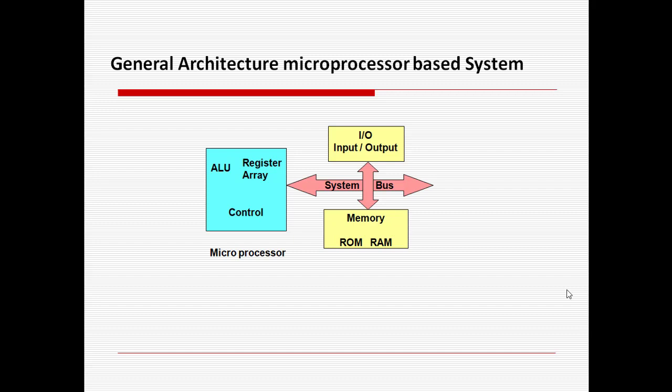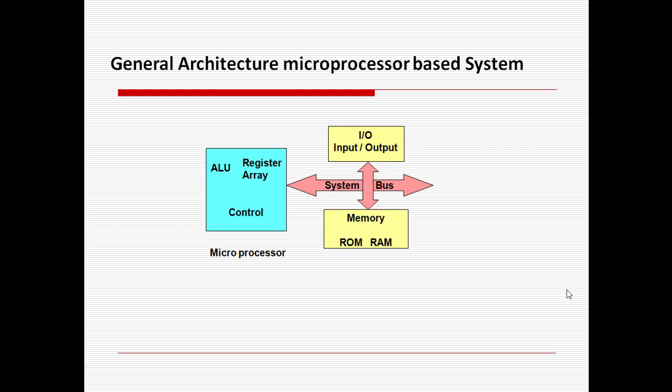The microprocessor majorly consists of the ALU, arithmetical logical unit, the register array, which means temporary memory, and controlling sections. The second part is I/O devices, input output devices like keyboard, mouse, display, etc. And third is memory.